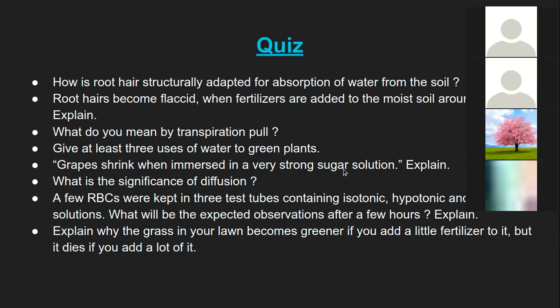That means outside it is hypertonic, inside the grape it is hypotonic. So the water will move from the dilute solution inside the grape to the concentrated solution outside the grape. That is the process of osmosis. That is the only movement of water.